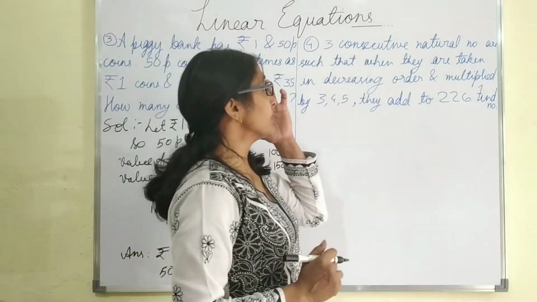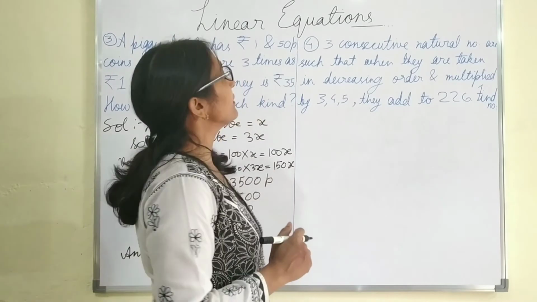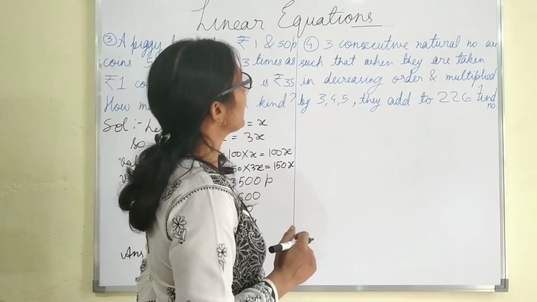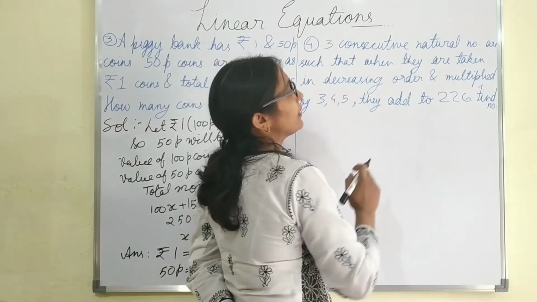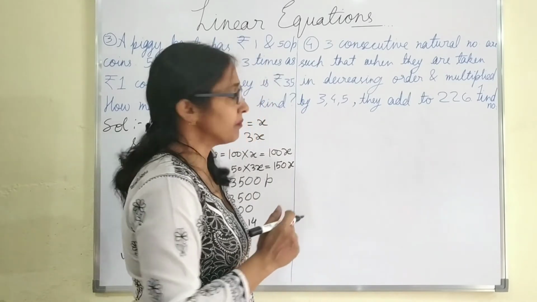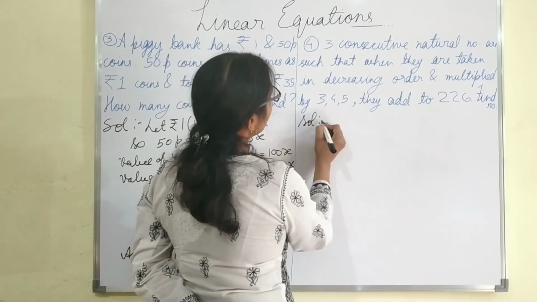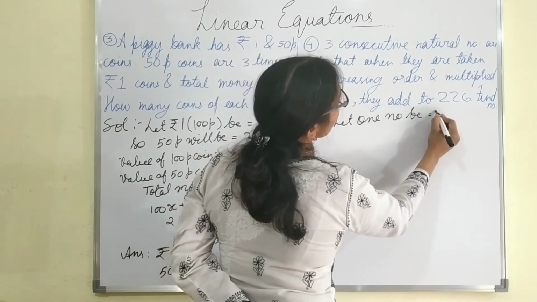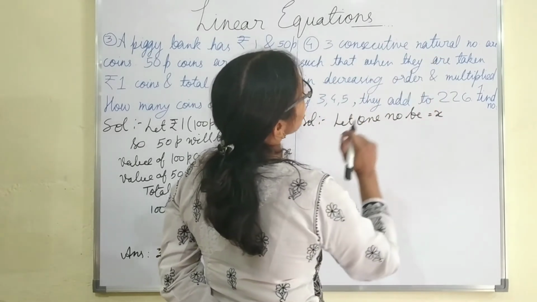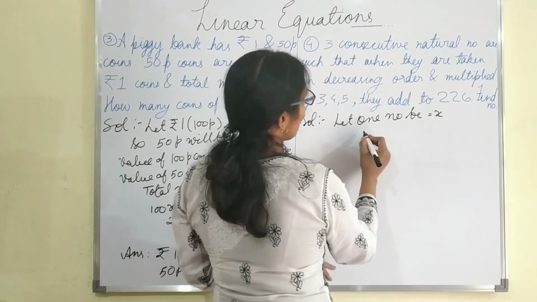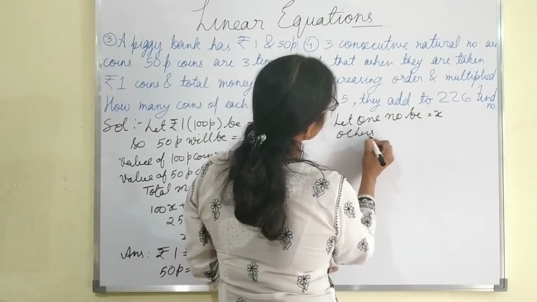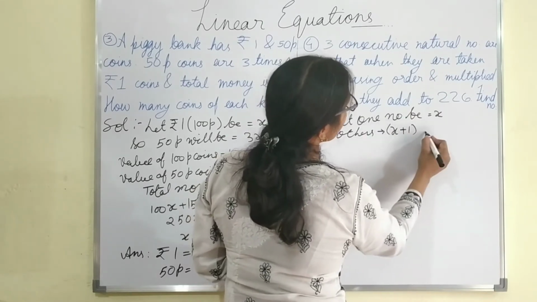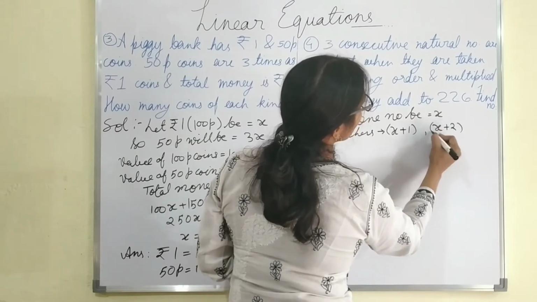Now the next question is, 3 consecutive natural numbers are such that when they are taken in decreasing order and multiplied by 3, 4, 5 respectively, they add up to 226. Find the numbers. So solution: let one number be x and the 3 consecutive numbers, so the other numbers will be x plus 1, x plus 2.